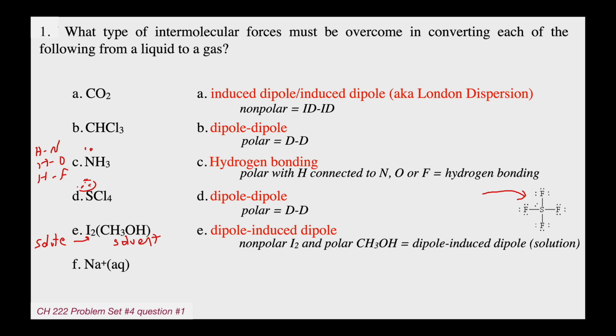In the last one, you have an ion, a sodium ion, and you have aqueous, which is water, and water is very polar, hydrogen bonded even, so you'd think of it as something that's polar. If you have something ionic with something that's polar, i.e. with a dipole, this is referred to as the ion-dipole force, and the ion-dipole force is very strong.